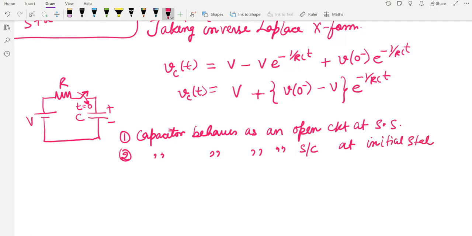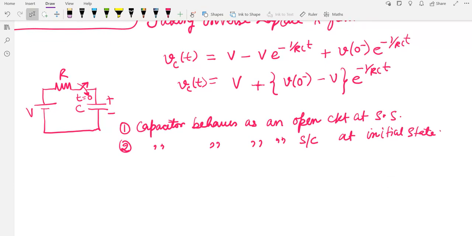It means whenever there is a sudden change in the position of the switch, in the initial state the capacitor will behave as a short circuit. Like it will not offer any resistance to the current. So this is the important formula that we got.